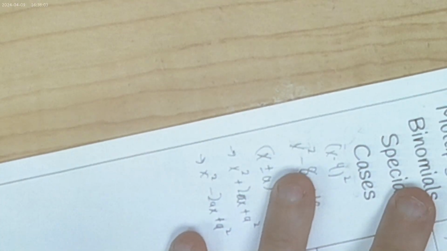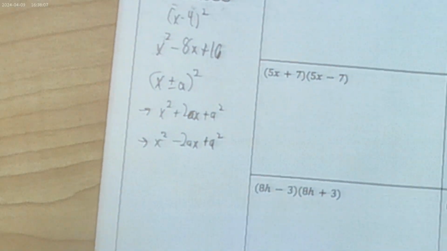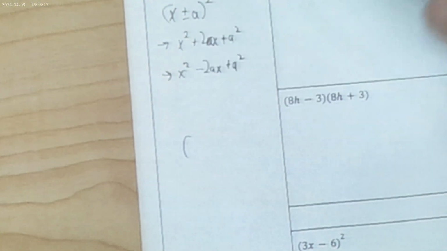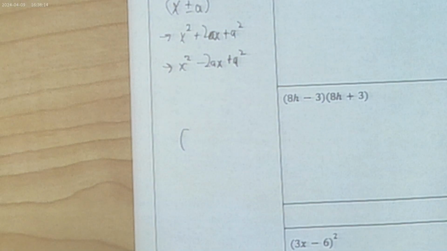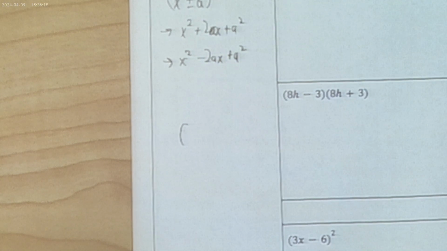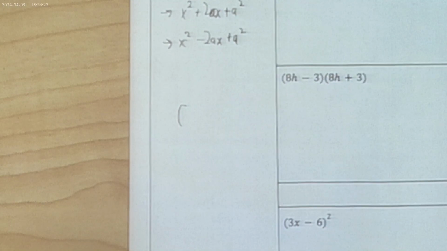You know what? I'm going to write this down on the side of the worksheet where I have the special case here. And what I'm going to do is use the box method up on top, and we're going to multiply everything through using the box method, and we'll see what the final result is.